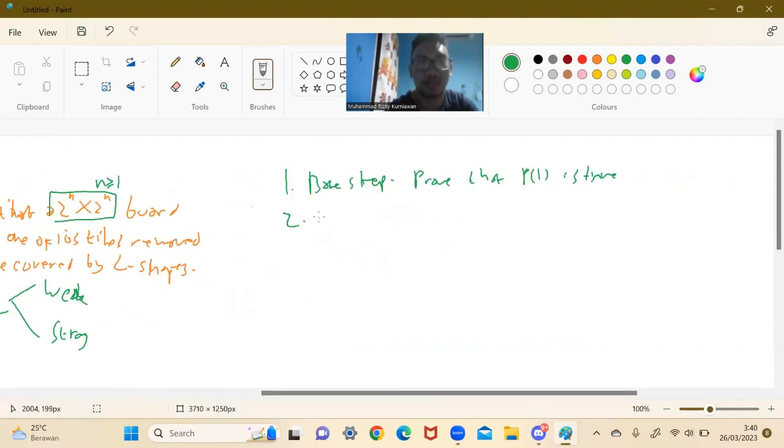The second step is the inductive step. The inductive step will differ based on what kind of induction we're trying to use. For weak induction, we have to assume that it is true for n equals k minus 1, with k being in the natural numbers. So assume that P(k minus 1) is true.